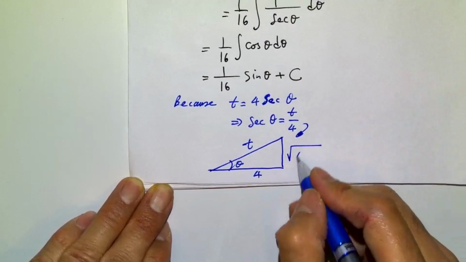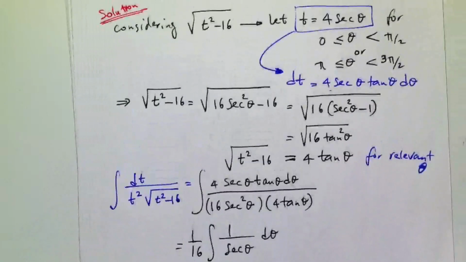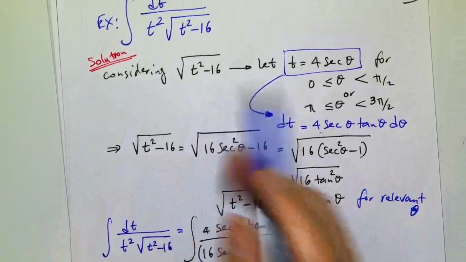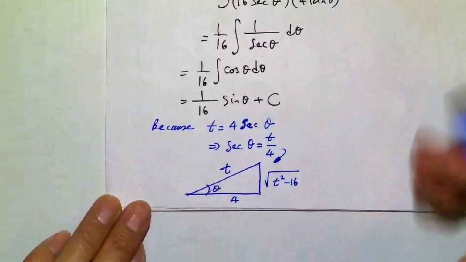So that, t squared minus 16, is the term we originally had in our integral right there.